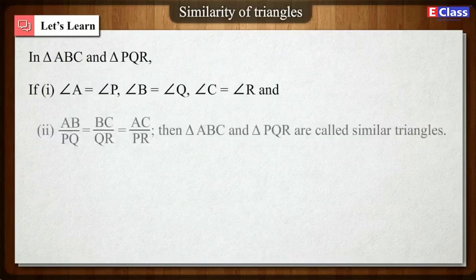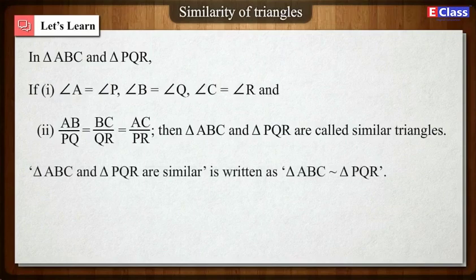AB upon PQ is equal to BC upon QR is equal to AC upon PR. Then triangle ABC and triangle PQR are called similar triangles. Triangle ABC and triangle PQR are similar. This is written as triangle ABC is similar to triangle PQR.